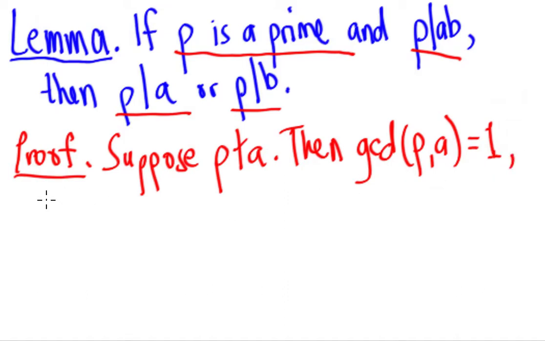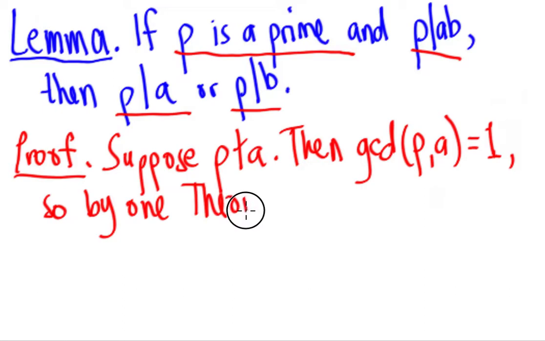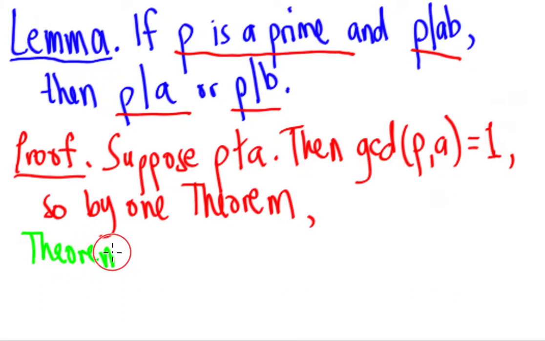By one theorem, a theorem that we forgot to put in one of the videos, I'm just going to state it here, though we cannot prove it right now. What is that theorem telling us?